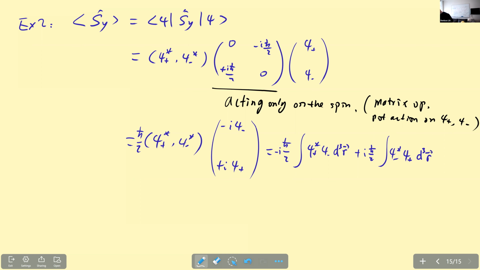Okay. You can also have a combination. Let's consider, for example, example 3, Lx plus Sx. So you have two terms. One is the orbital operator, another is the spin operator.